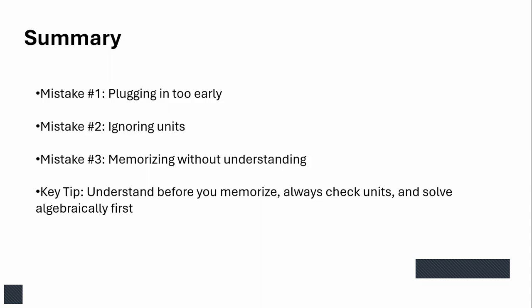First, rearrange, locate the variable you are looking for, and make it the subject of the formula before you plug in the numbers. The second mistake students make is ignoring units. Don't ignore units, because if you ignore units, you lose marks. The third one is memorizing without understanding. You need to understand the concept. You need to understand the relationship between the variables before you can be a master or a good physics student.